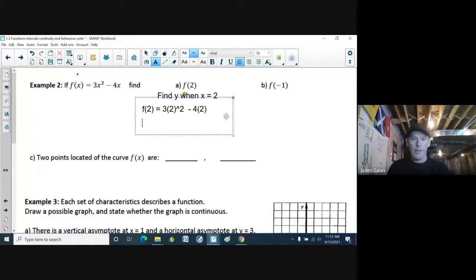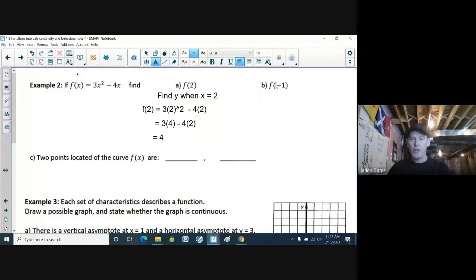I have to follow BEDMAS here, so I'm going to go a little quick. 2 squared is 4, you've got to do exponents first. So 3 times 4, minus 4 times 2. Just following BEDMAS, and what do we get here? 3 times 4 is 12, minus 8, we get a 4.